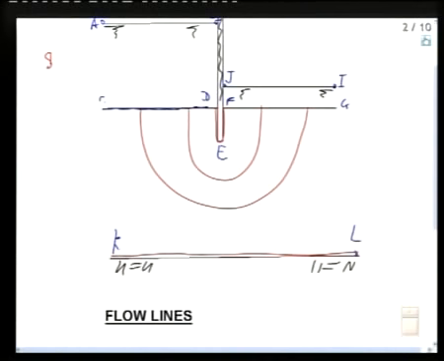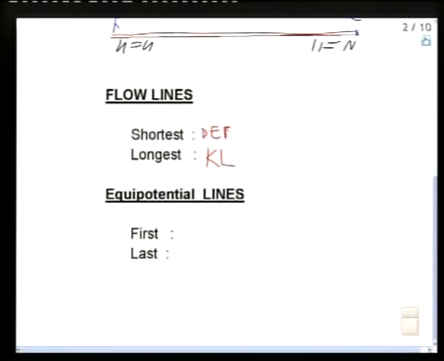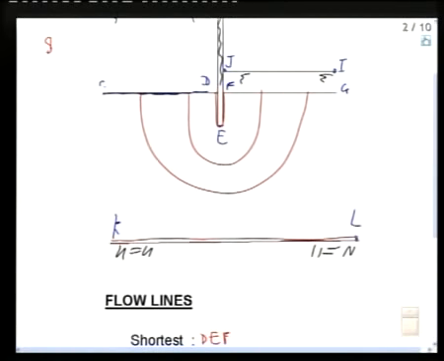Okay, but if you look in depth, you will find it is a different line. So CD is the first equipotential line. Okay, and the last equipotential line is the end of the relation between water and soil.